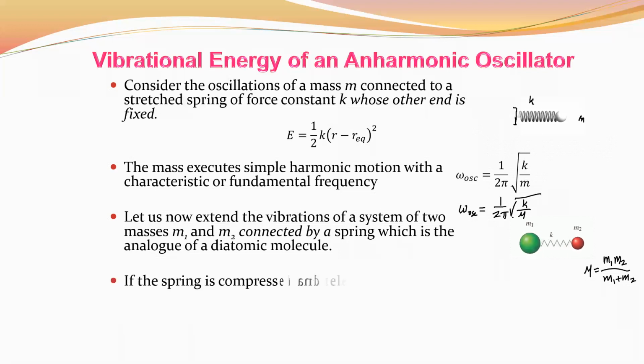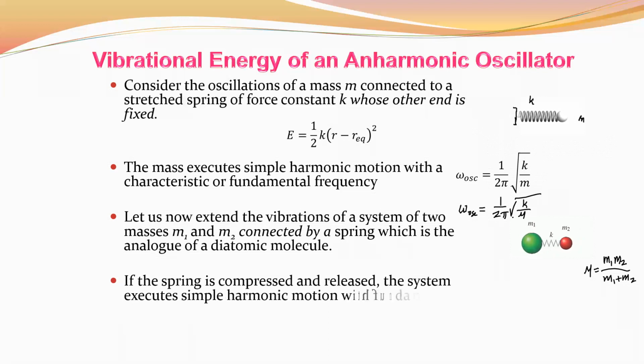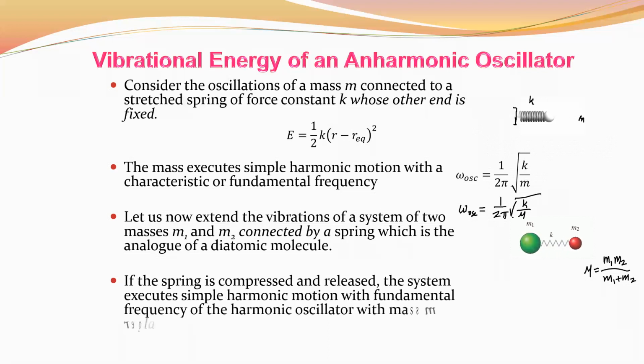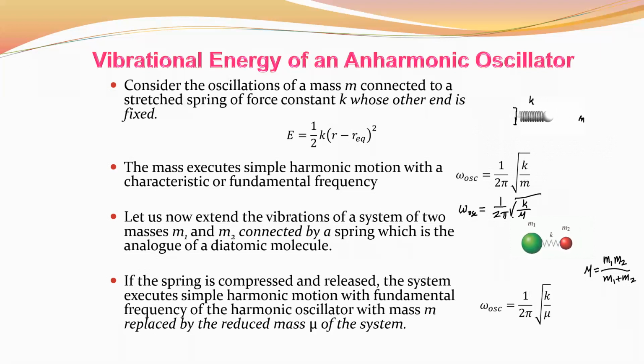So it must be the expression of frequency. It is equal to 1 divided by 2 pi root of k by mu, where mu is the reduced mass of the system, which is given by mu equal to m1 m2 divided by m1 plus m2. This is similar to a diatomic molecule.